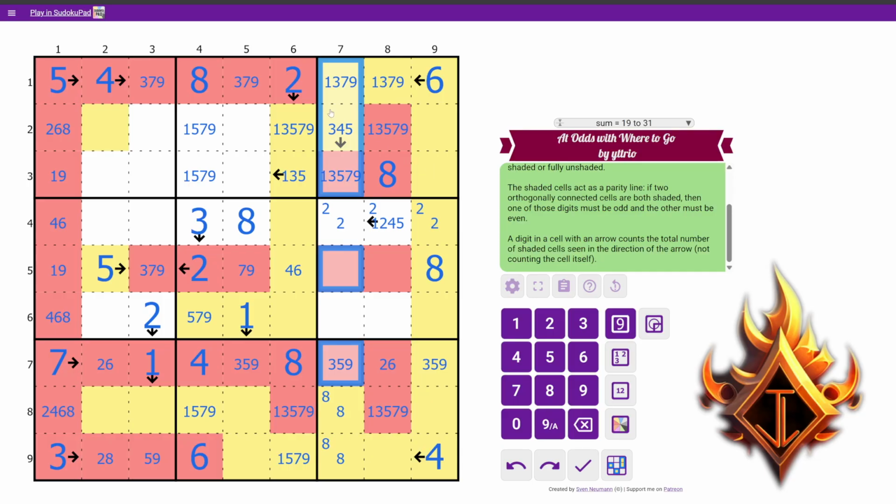Oh, no. No, it does not. If all of these, well, I can just look at 4. 4 cannot go here. And this is the only one that can be 4. So that must be 4.